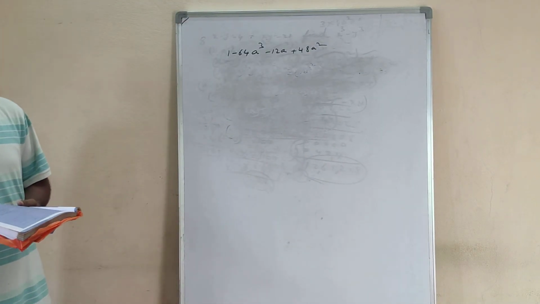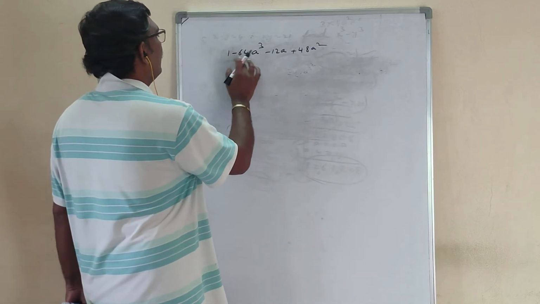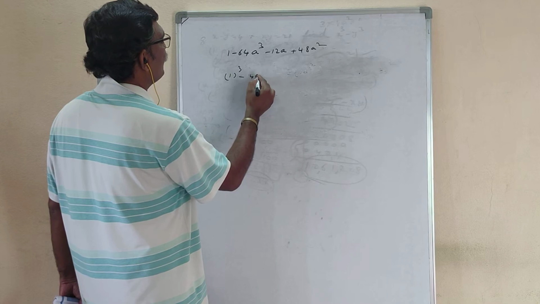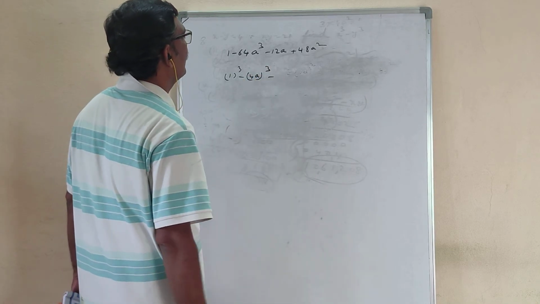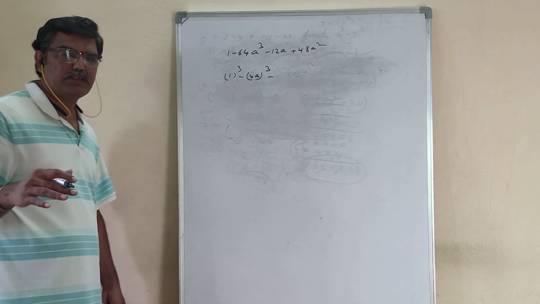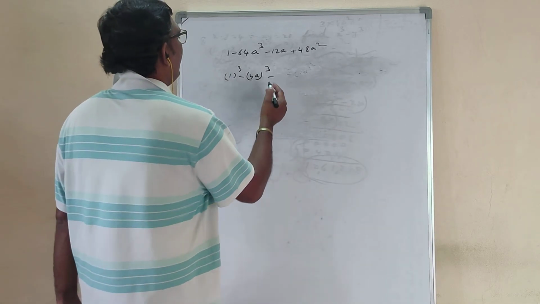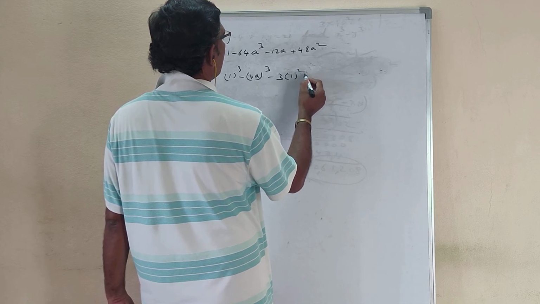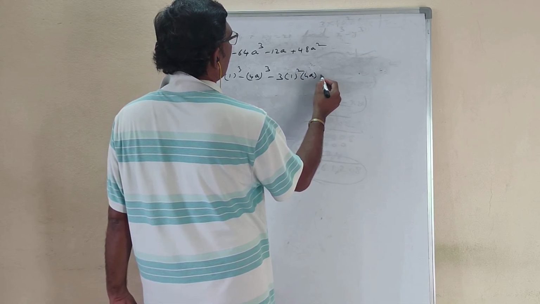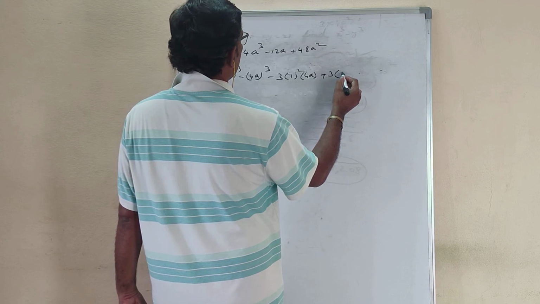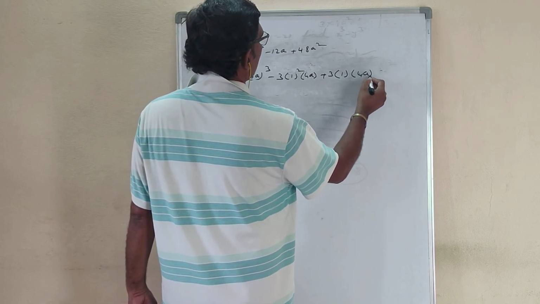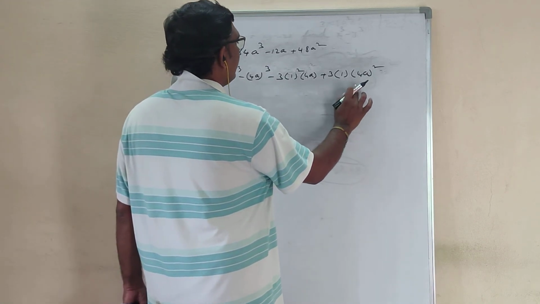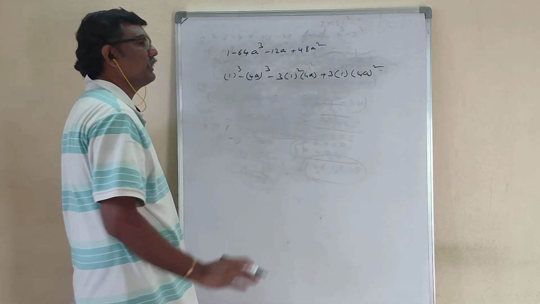So again, perfect cubes are there here and here. 1 can be written as 1 cube. 64a cube you can write as 4a whole cube. Okay, you have to write 3a square b, 3ab square: minus 3 into 1 square into 4a, plus 3 into 1 into 4a whole square. Like this. If you expand, you have to get the original terms.